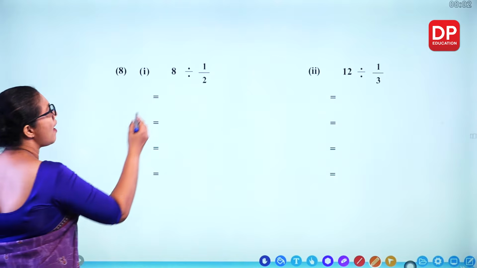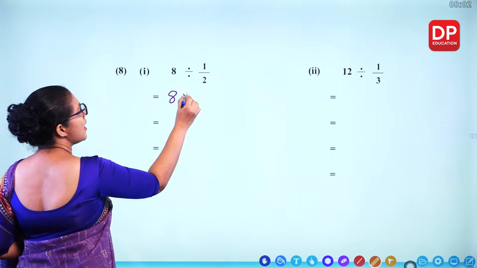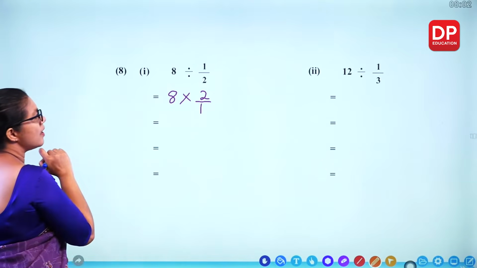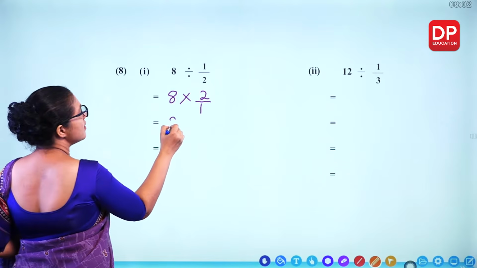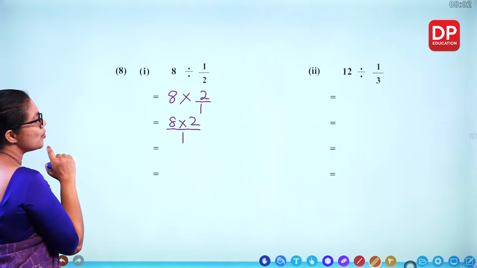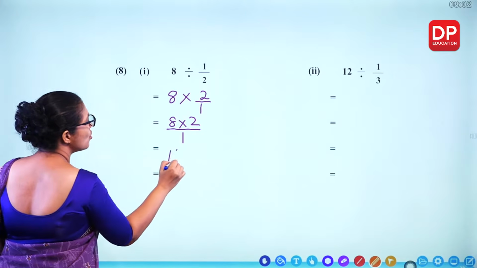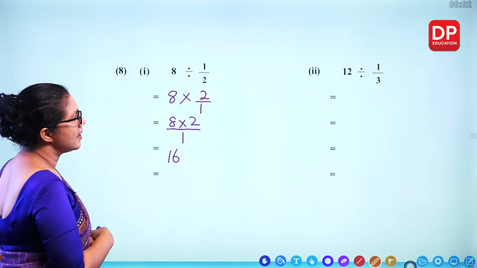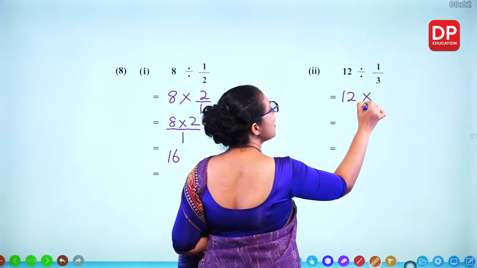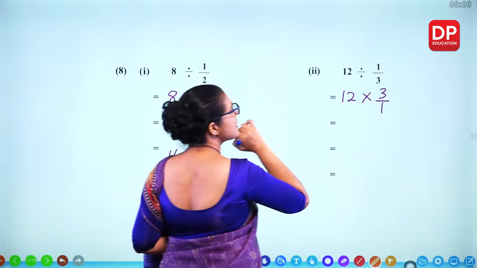8 divided by half. How can you write? 8 multiplied by the reciprocal of half, 2 over 1. Multiply the numerator and denominator, you get 8 times 2, 16. 12 divided by 1/3. 12 multiplied by the reciprocal of this.